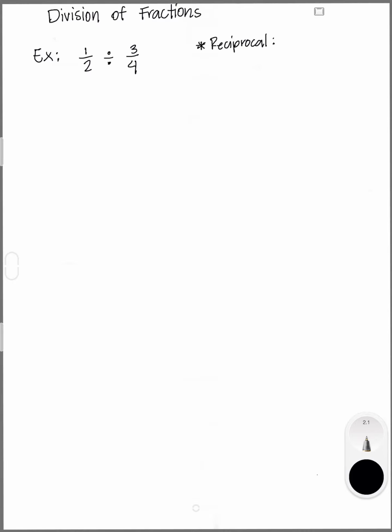A reciprocal of a fraction is basically just the flipped version of the fraction. So it's when you switch your numerator and your denominator.